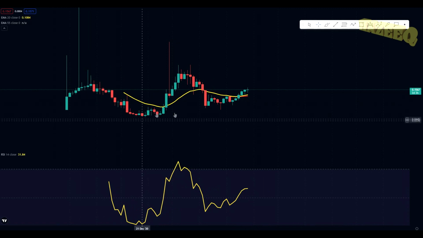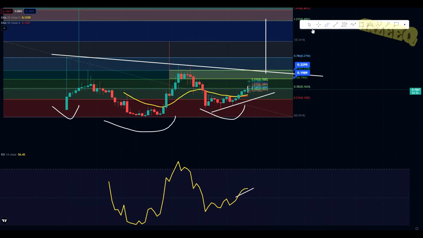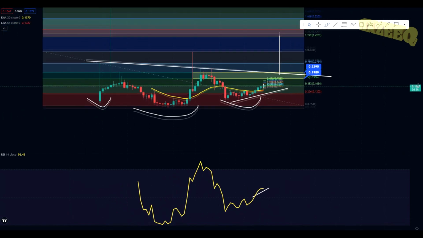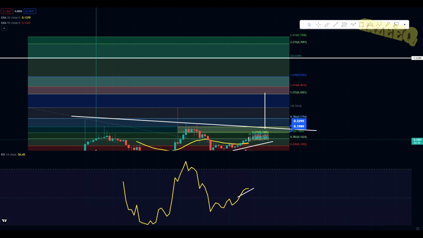So let's take a look at the head and shoulders pattern. I do have this Fibonacci retracement just so we can see our target, where there we go, the second Fibonacci level. I'm gonna mark that off. So this is going to be our target. As you know, we're targeting the second fib level on all our cryptos.